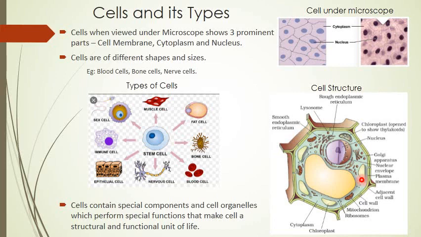So the cells have special components along with the cell organelles which perform specific or special functions. Each and every organelle does its own work, which has made the cell a structural and functional unit of life.